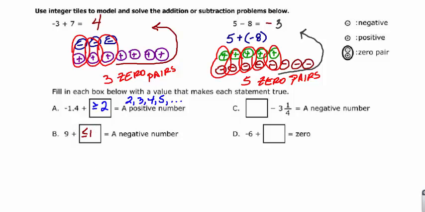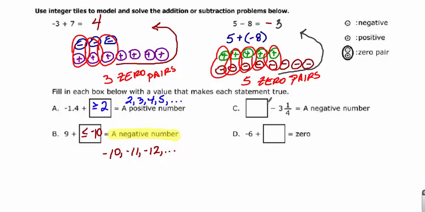So for an integer, we need to have at least 10 negatives. We could have -10, we could have -11, we could have -12. Any of those would give us enough zero pairs to cancel all the positives out and still have a negative number left over.